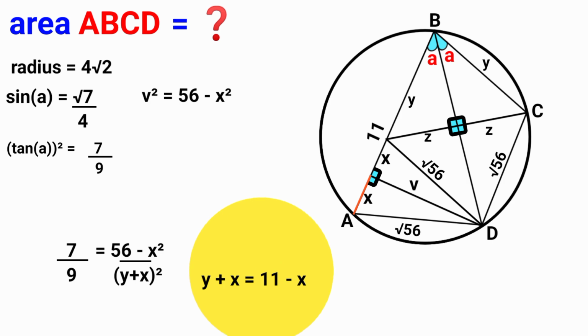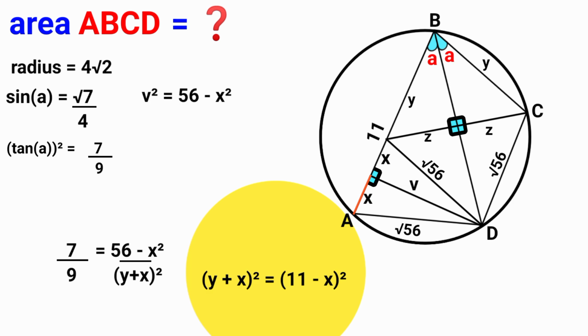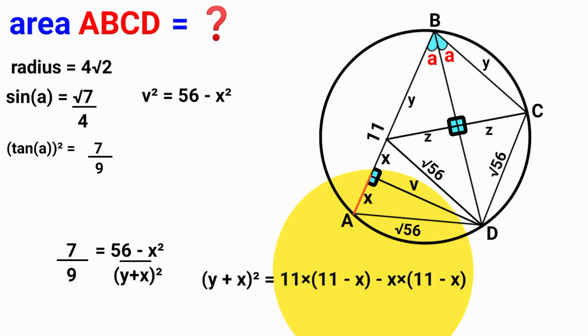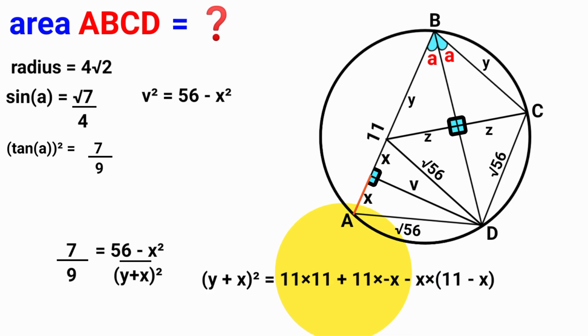We square both sides. So (y plus x) all squared equal to (11 minus x) all squared. 11 minus x all squared, if you expand, is (11 minus x) times (11 minus x), which is 11 times (11 minus x) minus x times (11 minus x). 11 times 11 minus x is 11 times 11 plus 11 times minus x. 11 times 11 is 121.